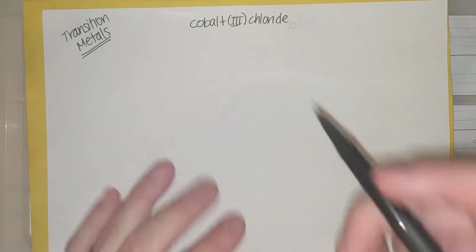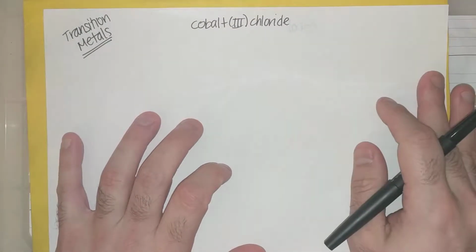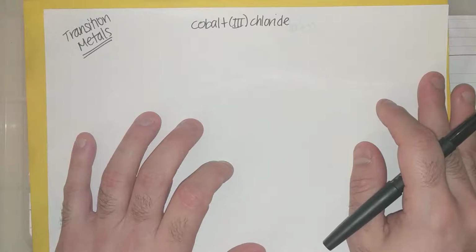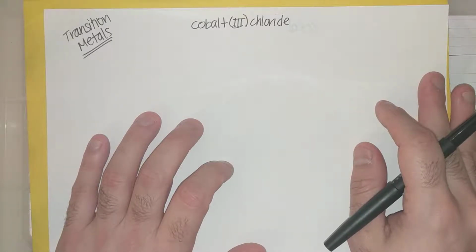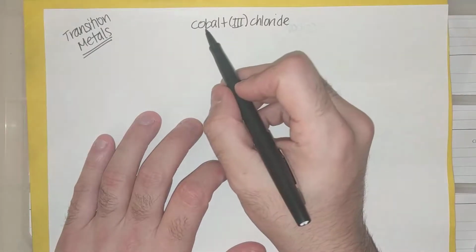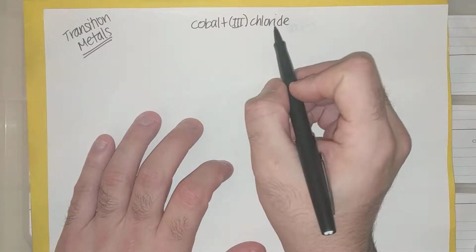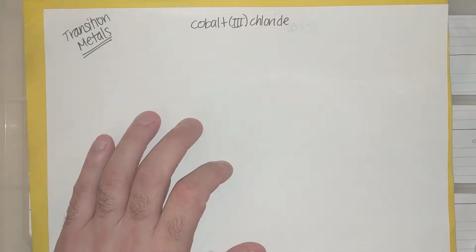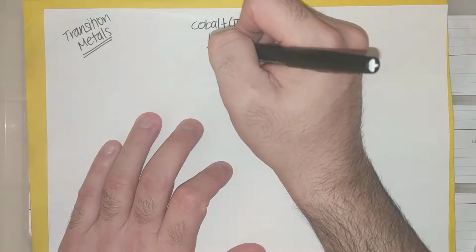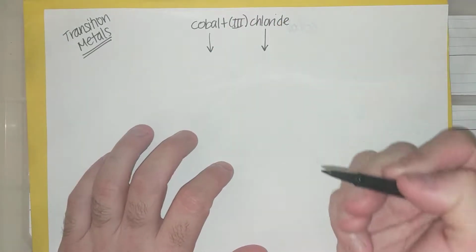First things first, if I'm given the name, there are several pieces of information given to me here. I have cobalt-3 chloride. Now, first step, as you saw in a previous video, is I have to write the symbols.